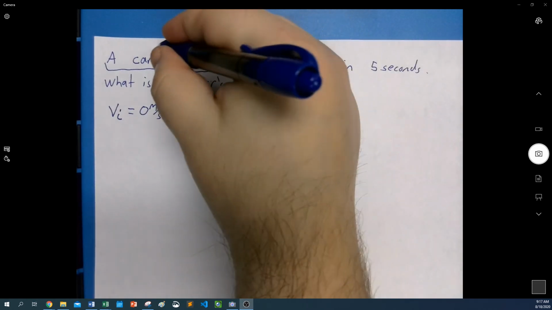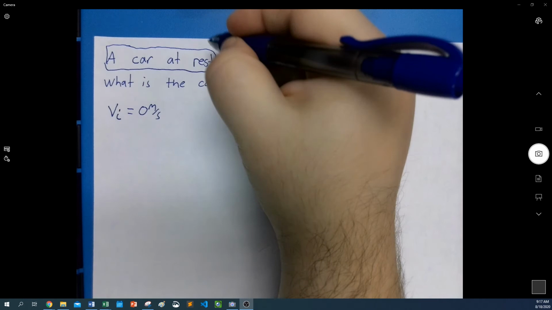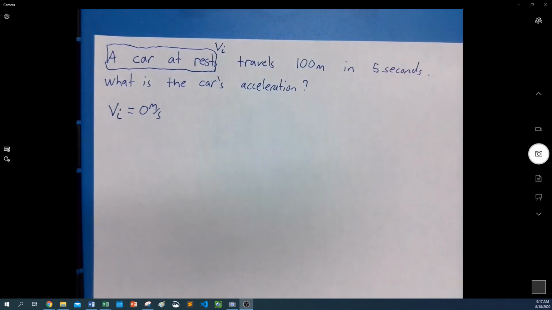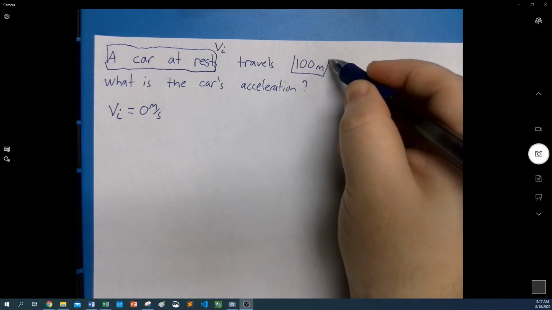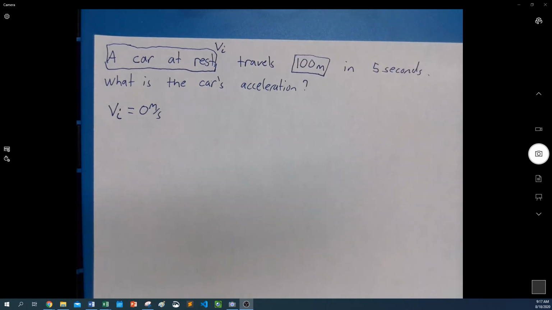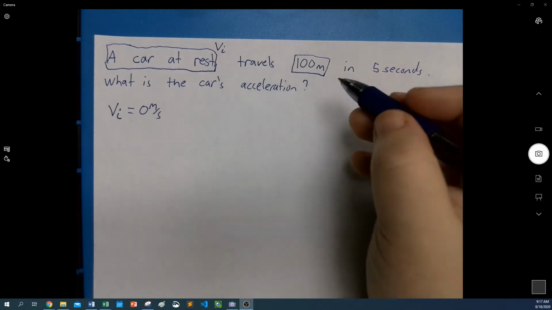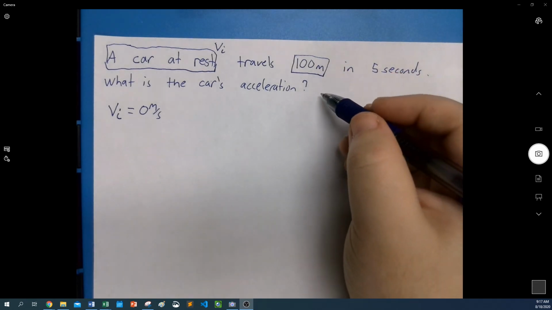So this is your VI. Travels 100 meters. Which variable will that correspond to? VF is velocity. 100 meters is a distance.